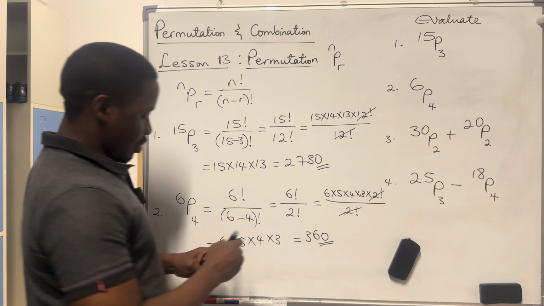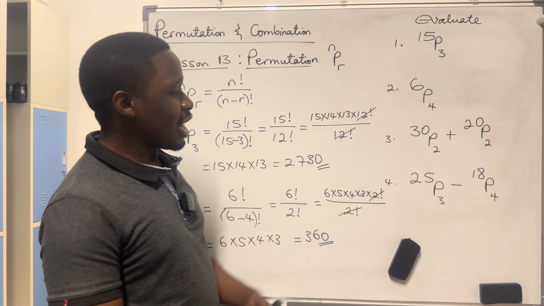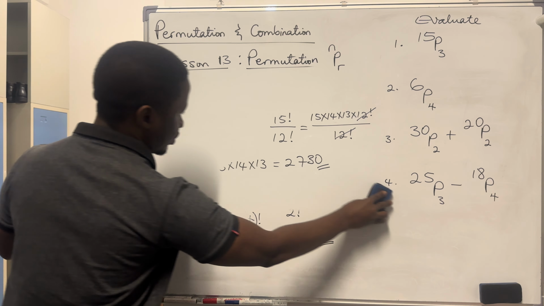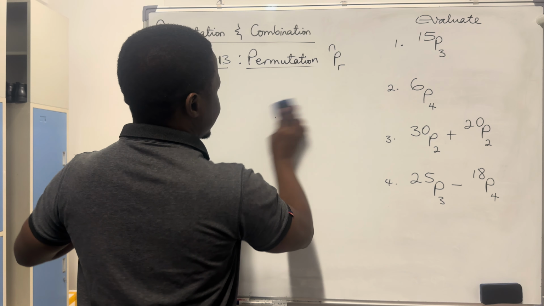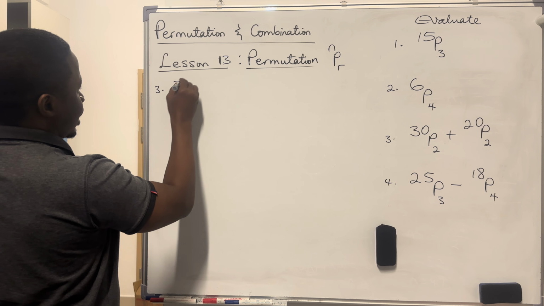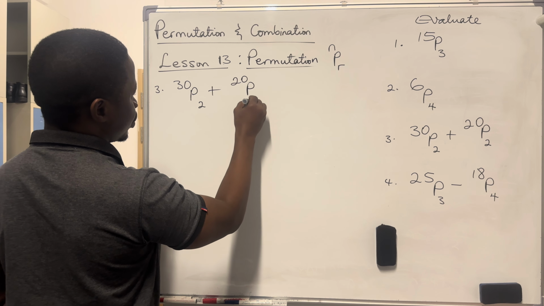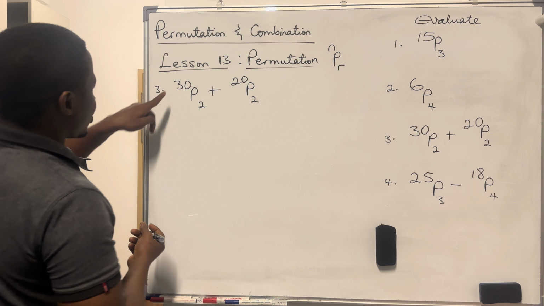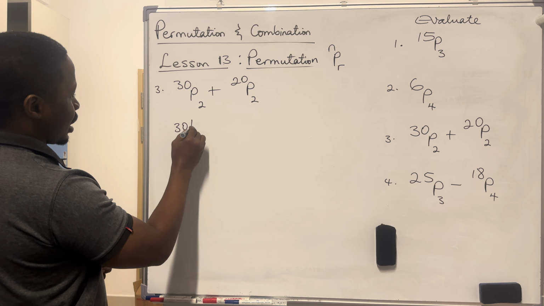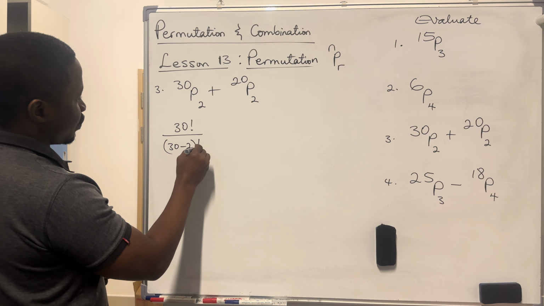If you want to copy, just pause the video, then copy. Now we go to number 3. Three says 30 permutation 2 plus 20 permutation 2. According to the formula, 30 permutation 2 is 30 factorial over 30 minus 2 factorial, which is 28 factorial.